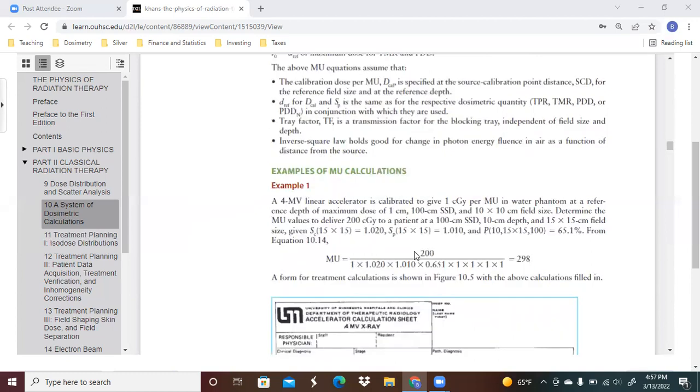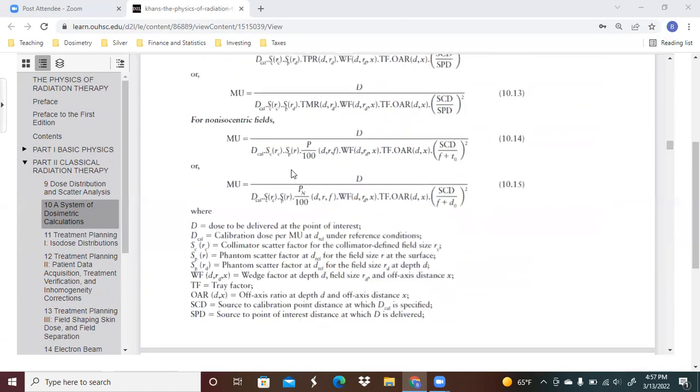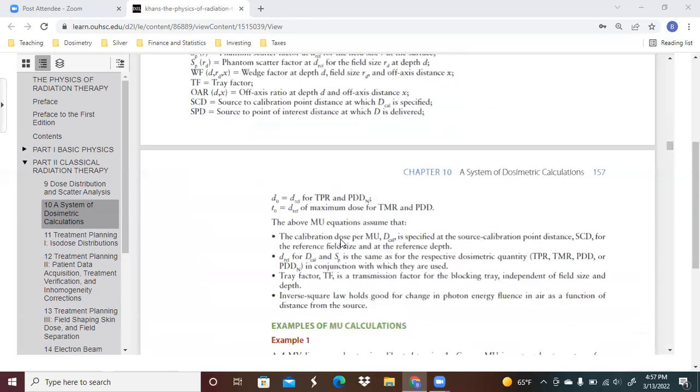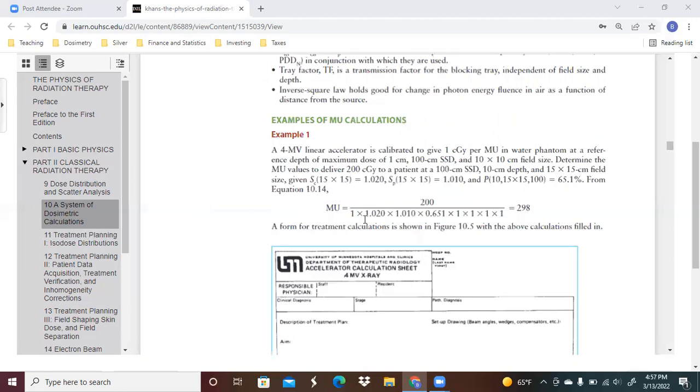The first factor here is going to be, it is calibrated to give 1 centigray per monitor unit in the water phantom at a reference depth of maximum dose of 1 cm. So our D calibration in this particular case is going to be 1. So we're delivering 1 centigray per monitor unit.